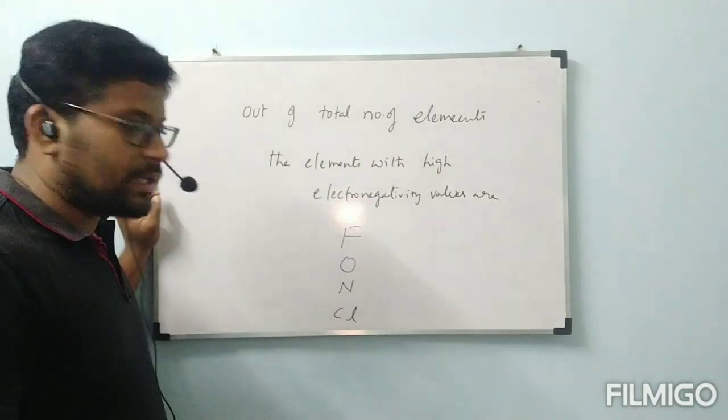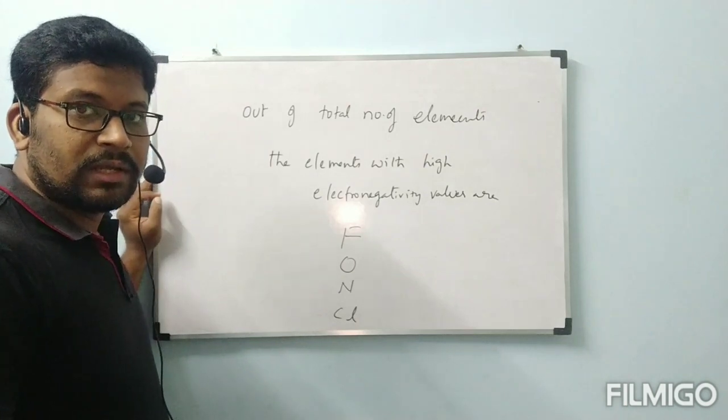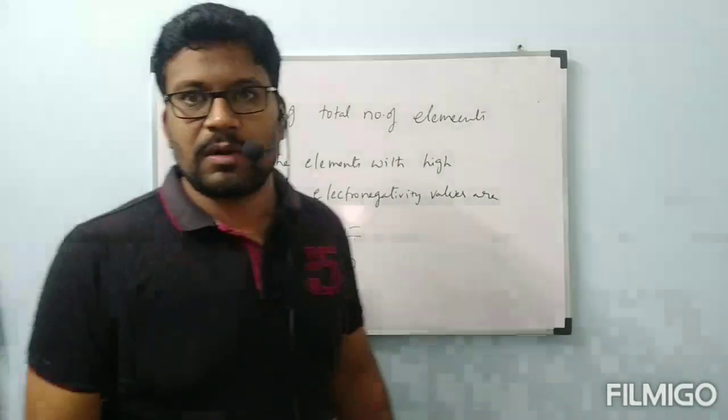Fluorine, oxygen, nitrogen, chlorine. For this electronegativity, we have to know that electronegativity I explained in polar covalent bond.